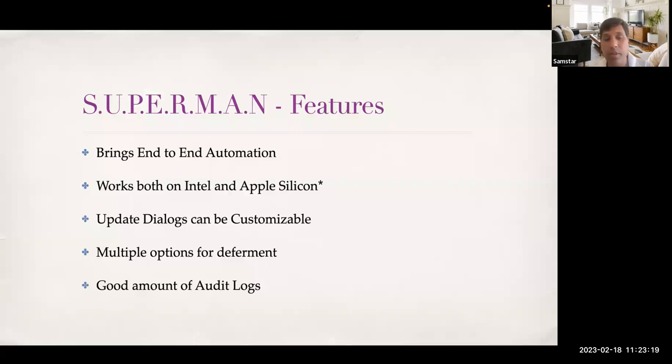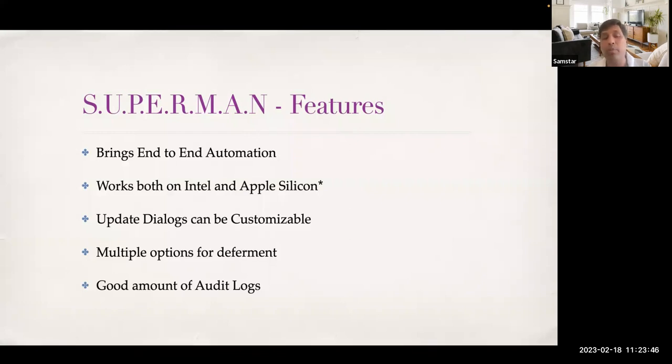There are extensive dialog boxes which are customizable. That means we have pop-up notifications, and all the description in the pop-up notification is customizable. You can write your own text and so on. There are deferment options. You can give the end user an ability to defer a software update for the number of times you want.